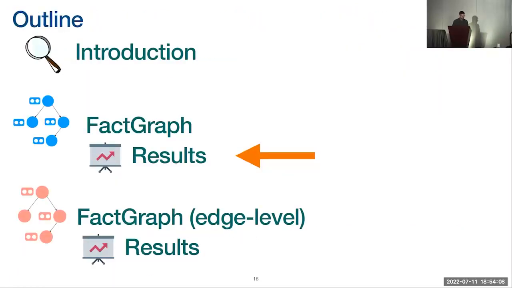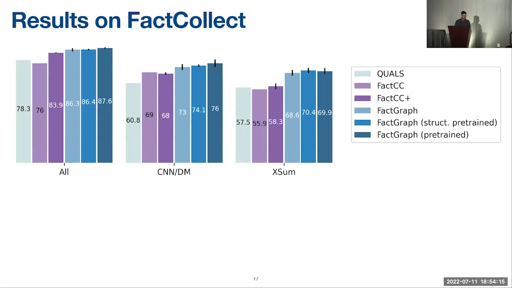I'd like to mention some results here. We compare with some QA-based metrics and with FactCC, and we further fine-tune FactCC on this human-annotated data.